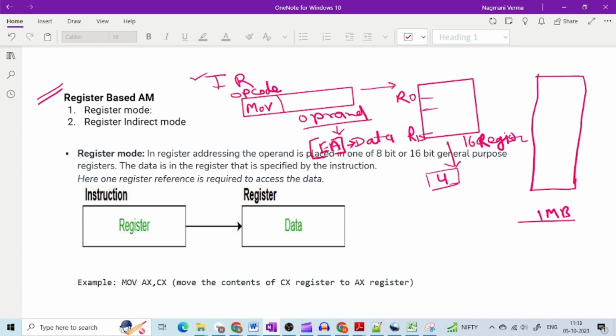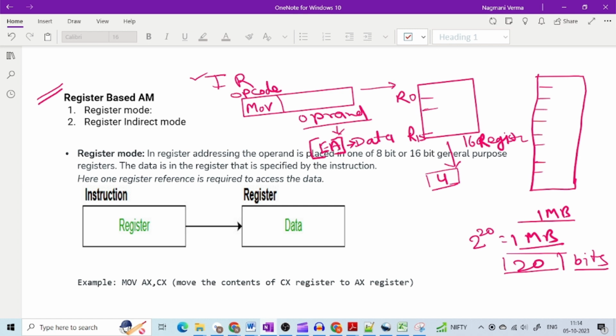We need 2 to the power 20 equal to 1 MB, so we need 20 bits to uniquely identify each address block.